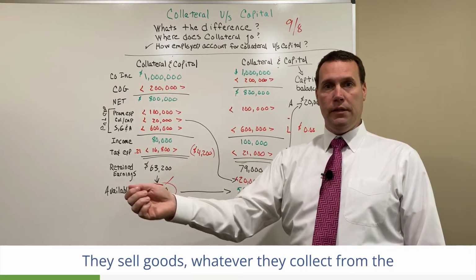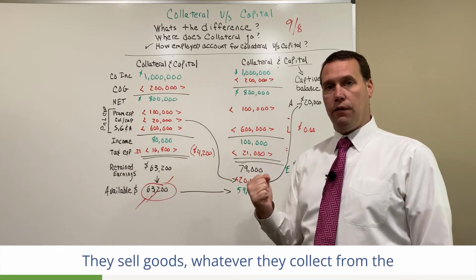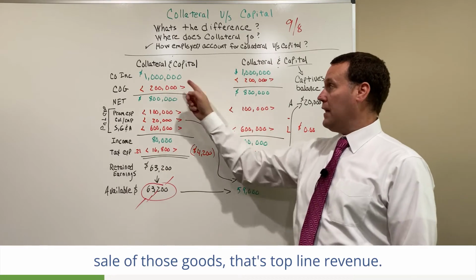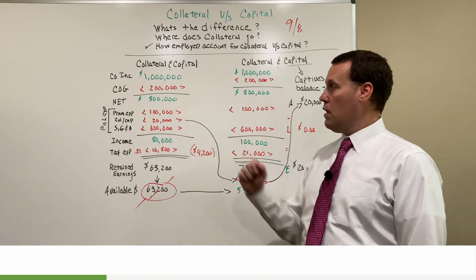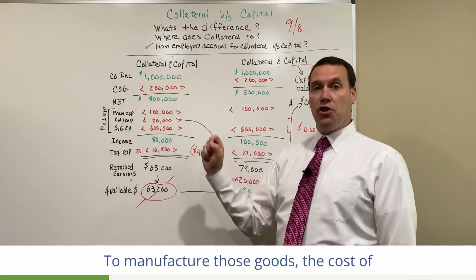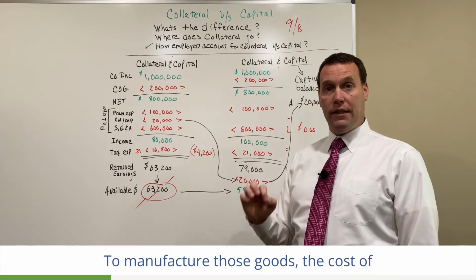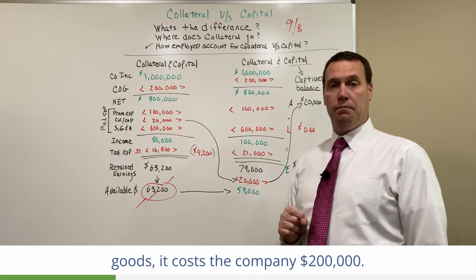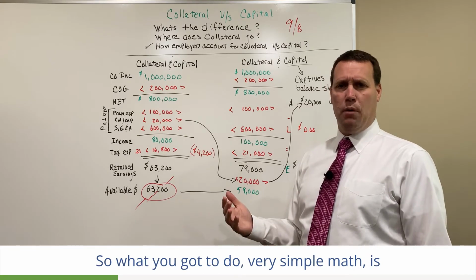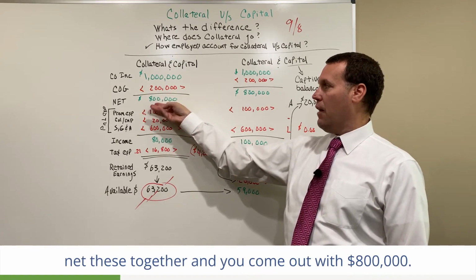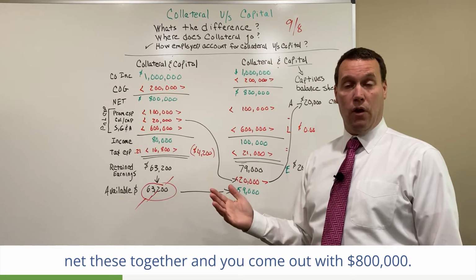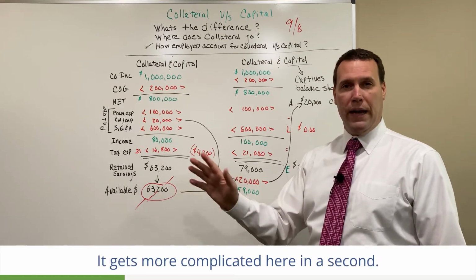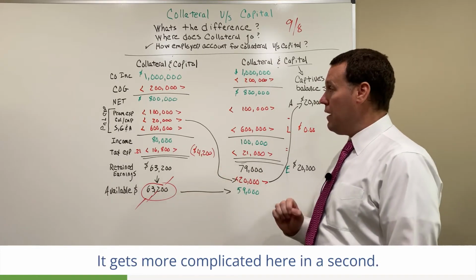They sell goods, whatever they collect from the sale of those goods, that's top-line revenue. To manufacture those goods, the cost of goods costs the company $200,000. So what you've got to do, very simple math, is net these together and you come out with $800,000. Yes, it's simple. It gets more complicated here in a second.